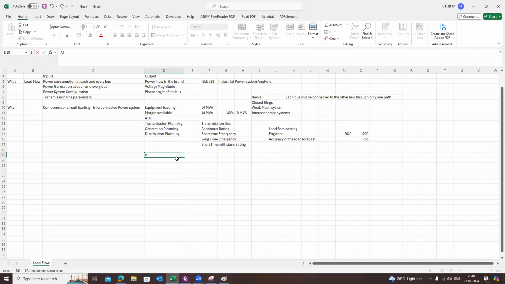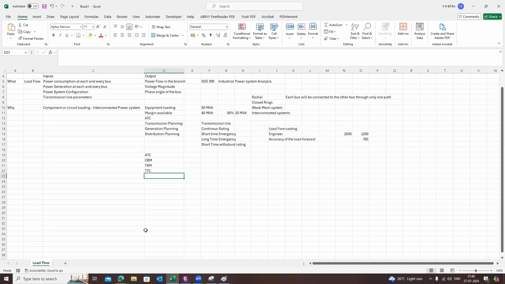In the power system transmission network, you may come across terms like ATC, which is called the available transfer capacity, and you have CBM, TRM, and TTC. Just try to understand, because I'm explaining this load flow not only from the industrial perspective, but from the utility perspective also.